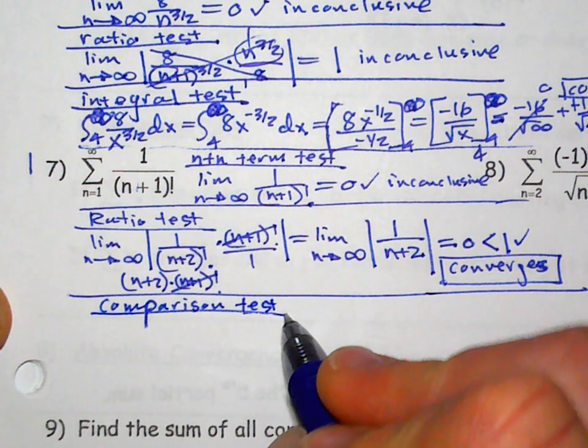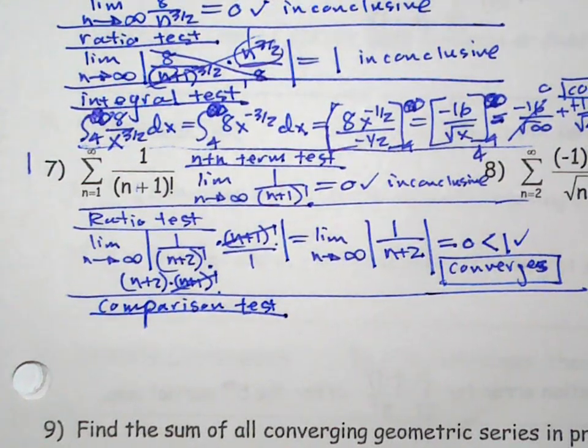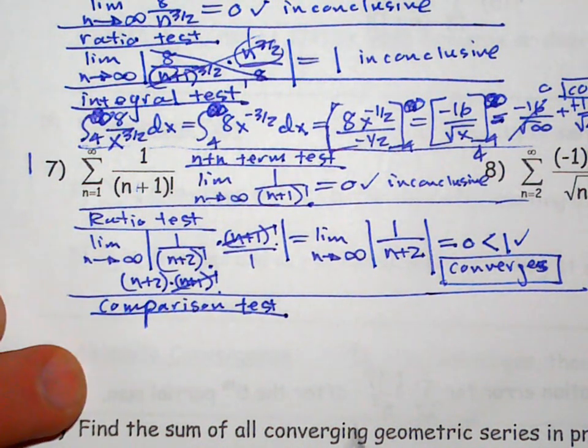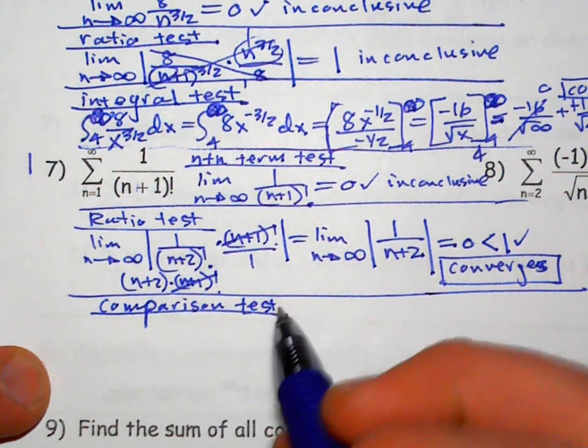Now, the hardest part of a comparison test is you either want to find a series that your series is term for term smaller or equal to, that you know converges, so yours would have to fit under it and converge, or a series that yours is term for term larger or equal to, and the other series diverges, which means yours is going to diverge also. That's the hardest part, is picking a series to compare this to.